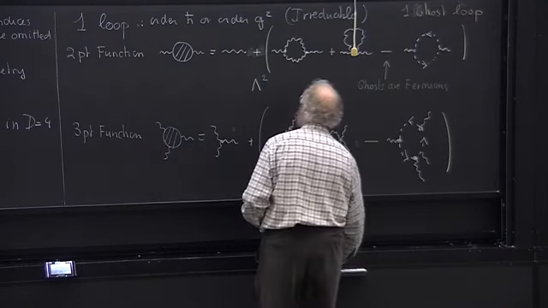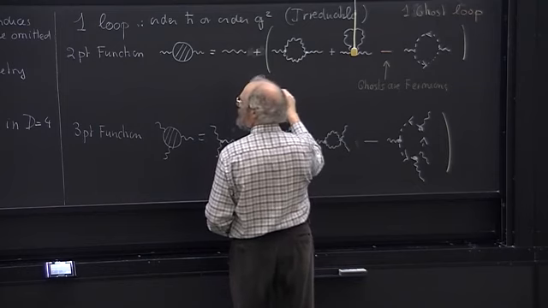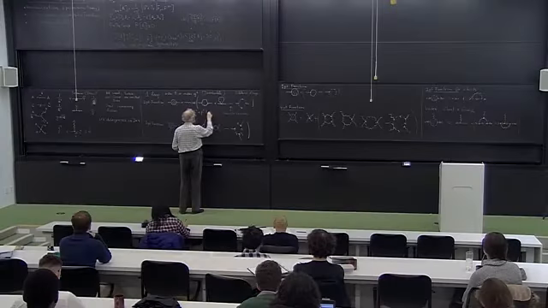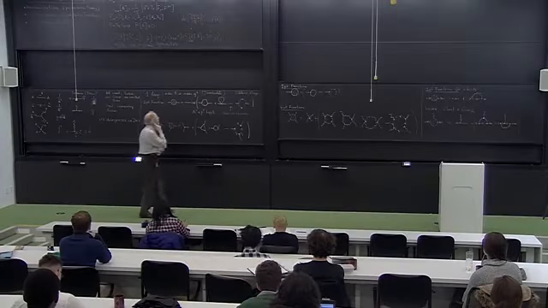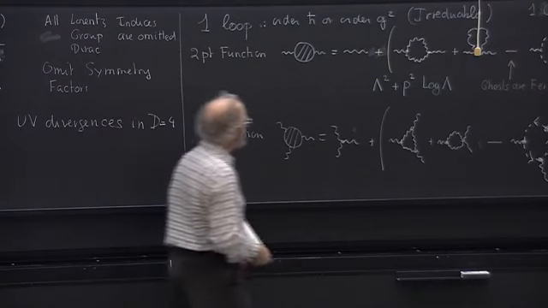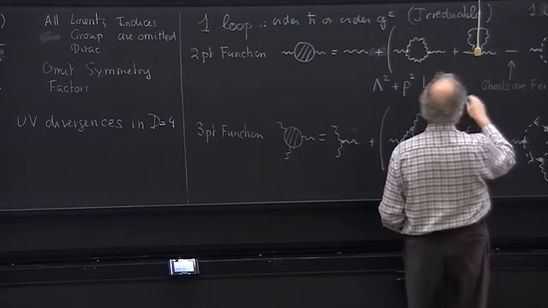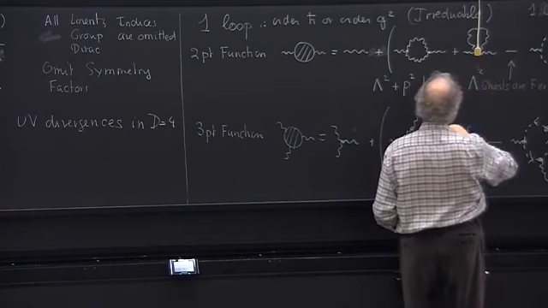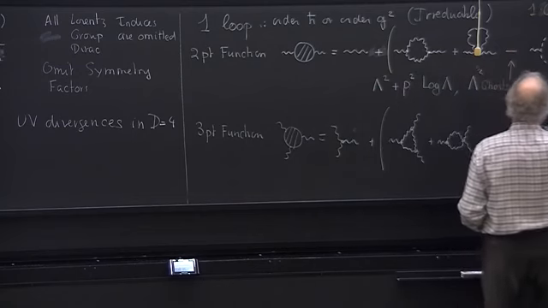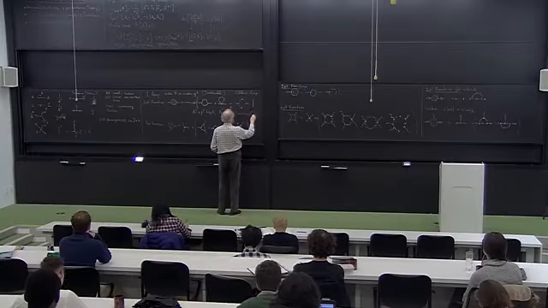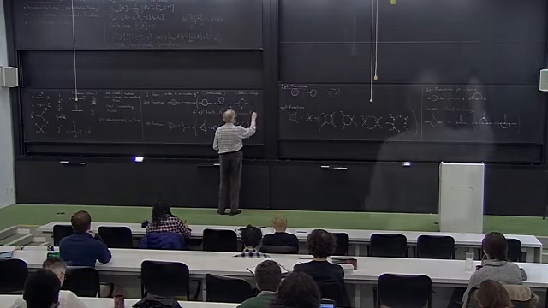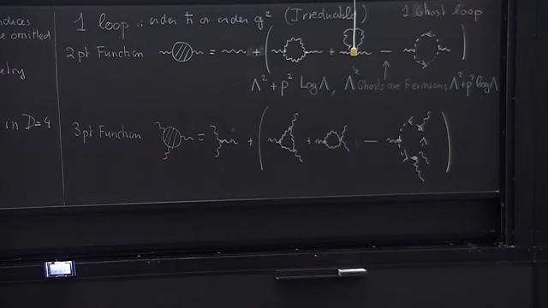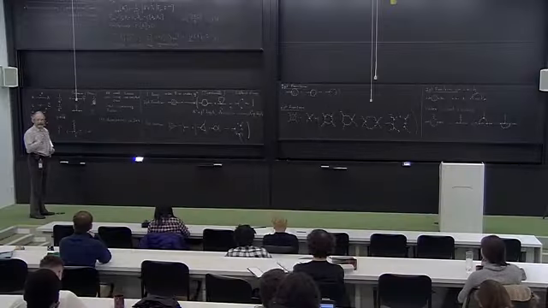And then there may be a subleading divergence in p squared times log lambda. Okay. The same here. This could diverge like lambda squared plus p squared log lambda. Okay? I omit again all the Lorentz indices, the group indices, etc., which are very important.